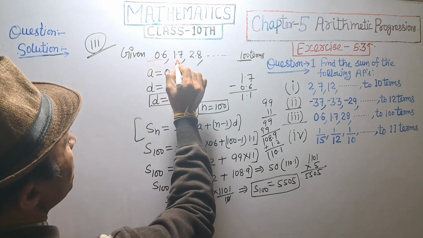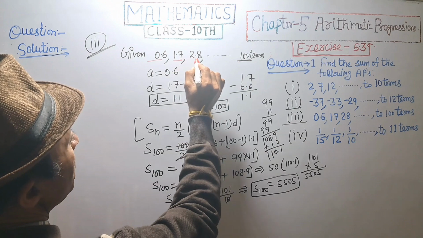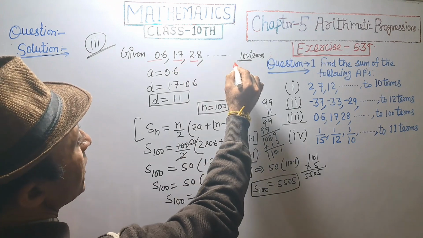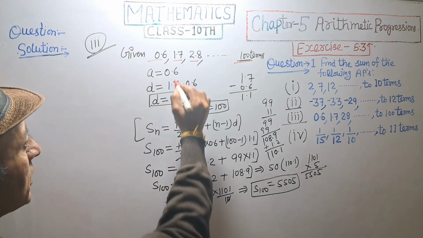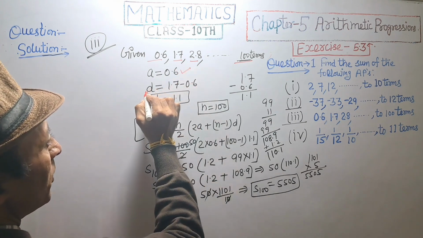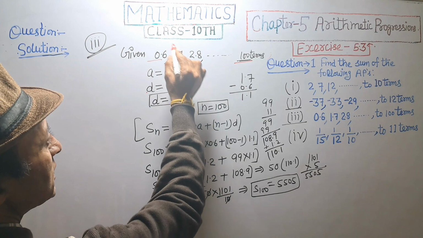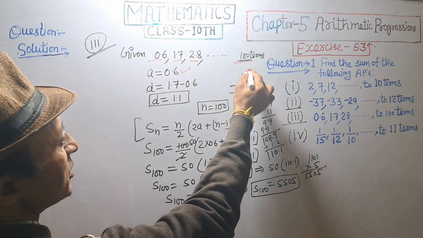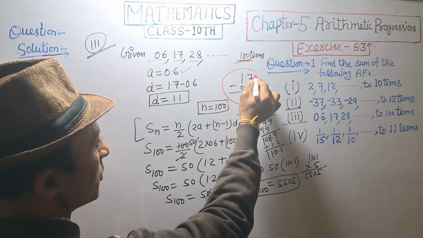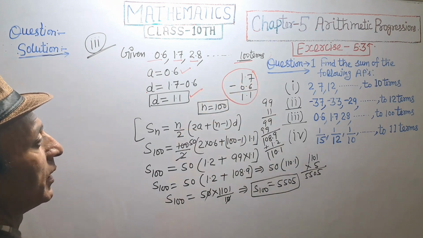Given AP is 0.6, 1.7, 2.8 and so on, 100 terms. A is 0.6, and common difference is the second term minus the first term, 1.7 minus 0.6, which is equal to 1.1.